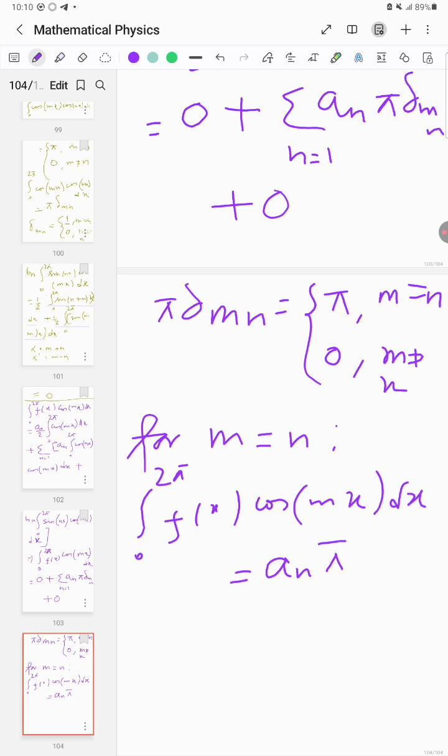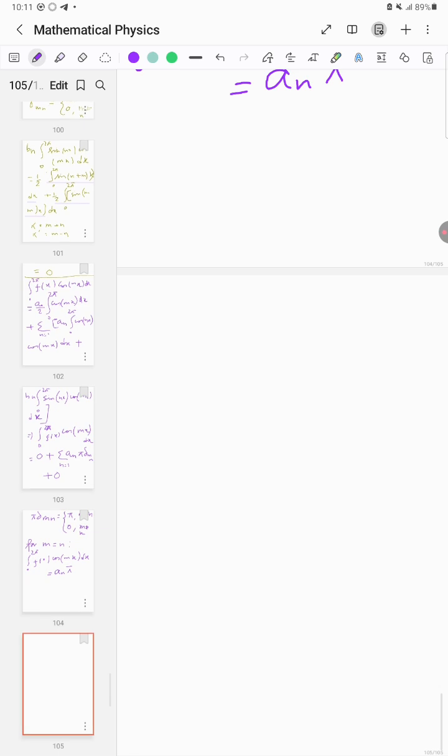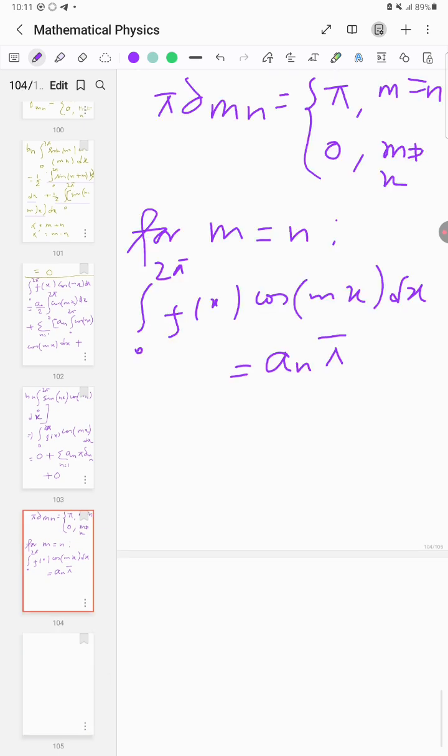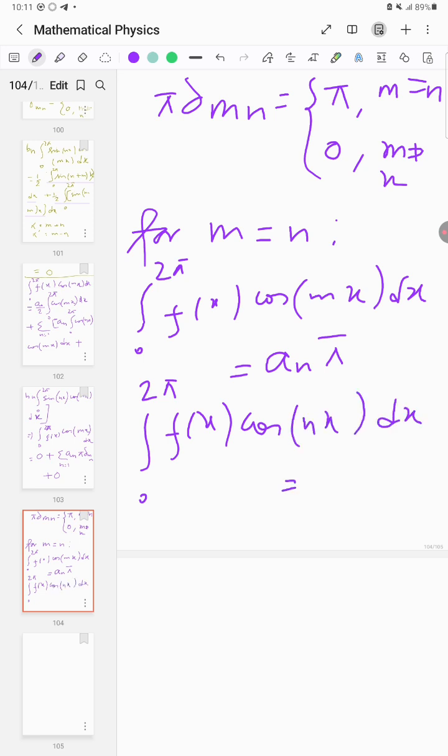Alright, now also since m is equals to n, we can also write that 0 to 2 pi f of x cos nx dx is equals to an pi, m and n being equal, so we can replace m with n and n with m.